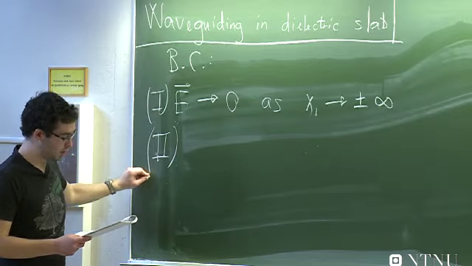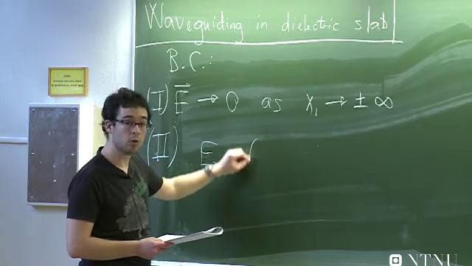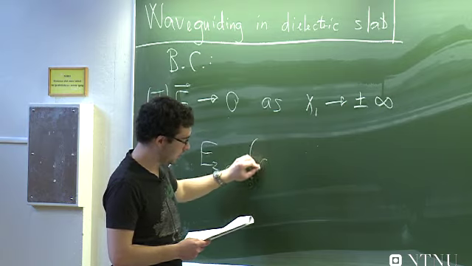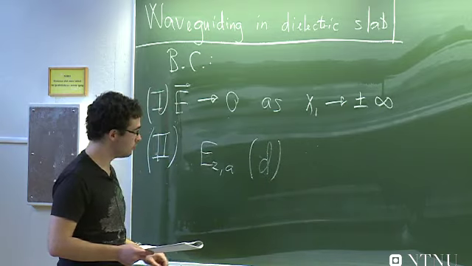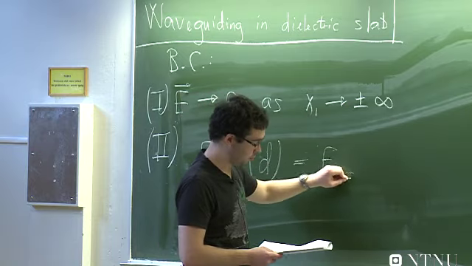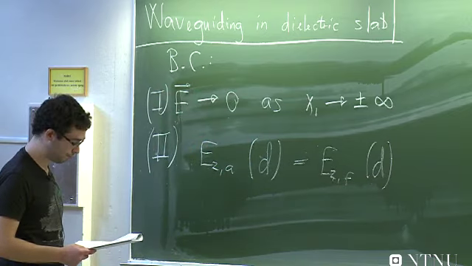Boundary condition 2 is that E2 in air, when I go towards x1 equals d from above, is equal to E2 in the film as I go to x1 equals d from below. Okay?